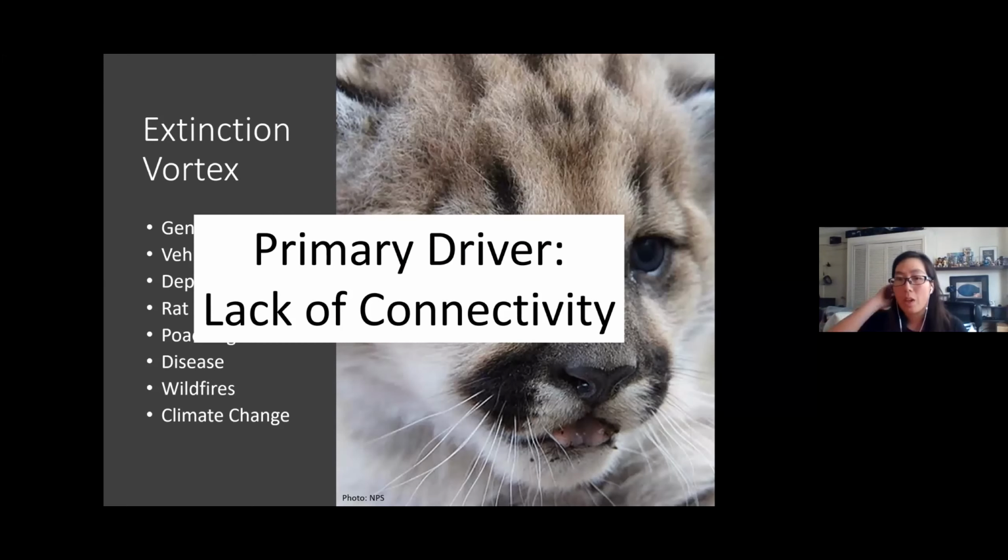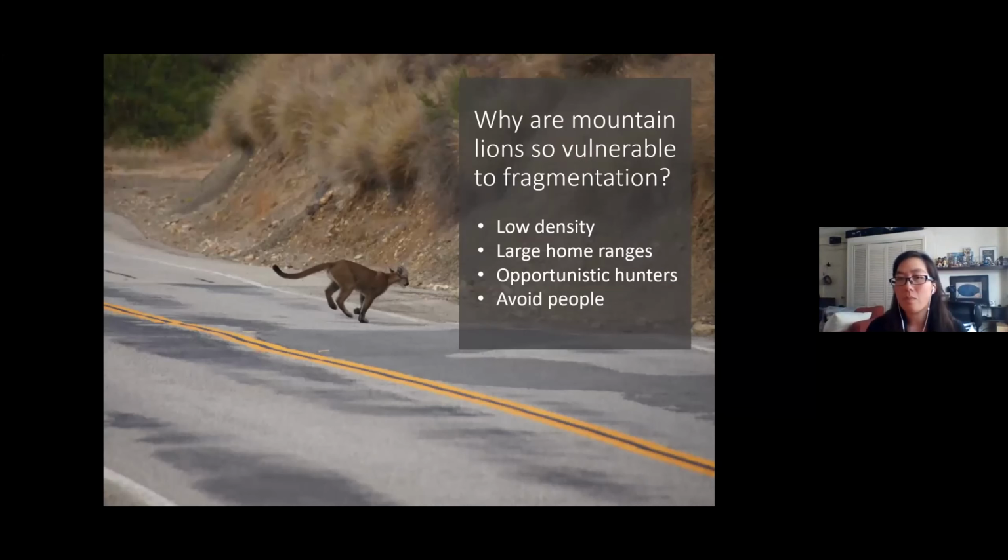And the primary driver of all these issues is lack of connectivity. As I mentioned, they have huge home ranges, and they need a lot of space. So connectivity is really important for their survival.